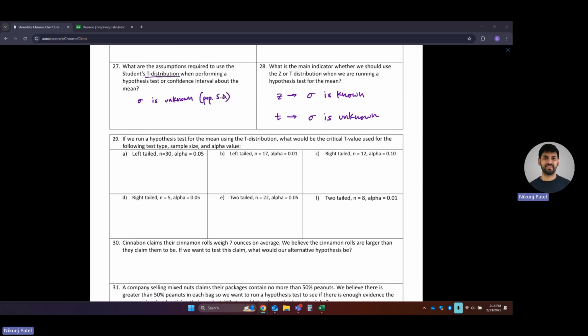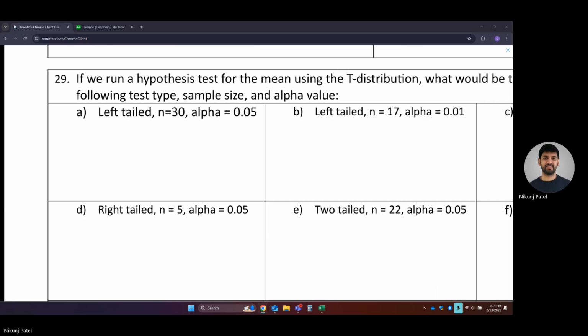So looking at part A, it says left-tailed. Let's write out, just to be really clear, the row and the column. The row still applies the same way. Degrees of freedom is 1 less than n. So our degrees of freedom is going to be 1 less than 30, or 29. And then our column depends on the other information given. So the alpha value and the left-tailed tell us that we're going to use the column that has the 0.050 in it, and since it's left tail, it's a one tail.